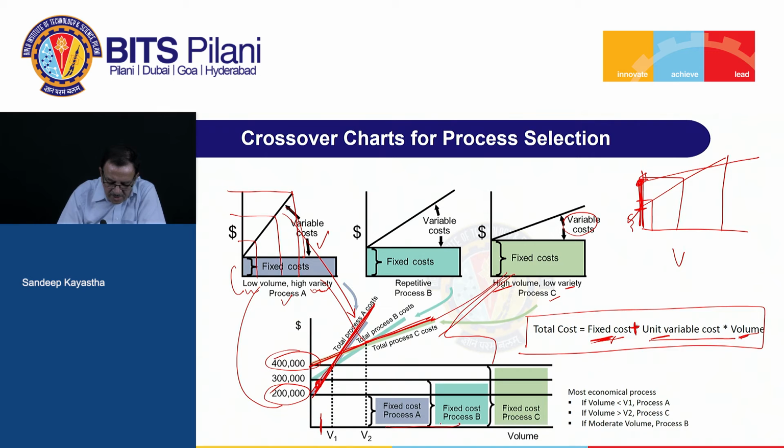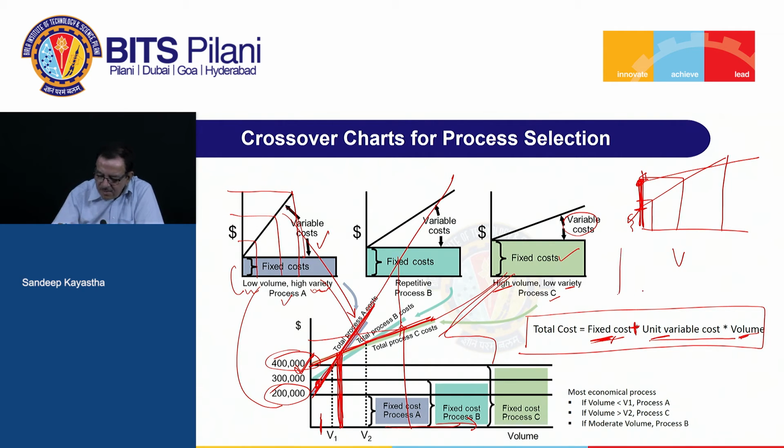And when volumes are large, you will find this curve is lower. So it is this curve, process C, that becomes more economical. So this is the volume which divides when you move from A to C.